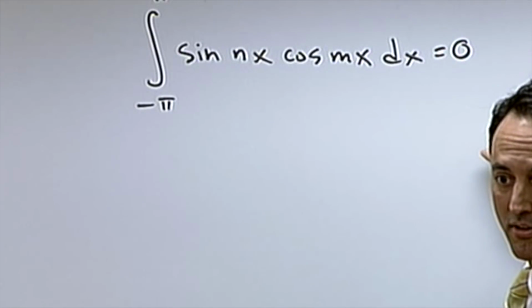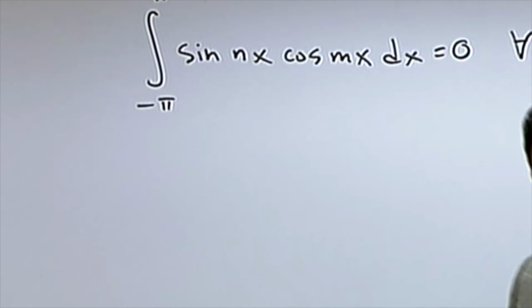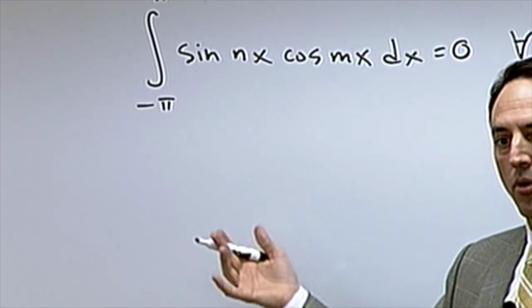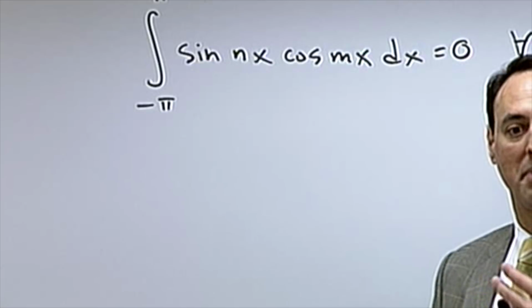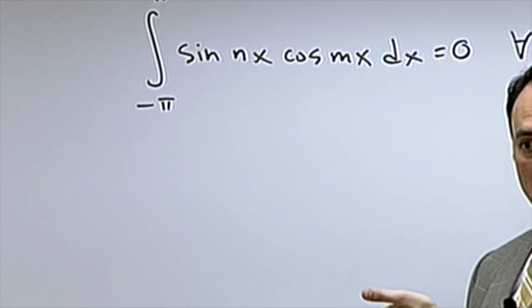It's always equal to 0 for all values of n and m, which are integers. So in the language of Fourier or spectral methods, when you expand in terms of basis functions, that's called an orthogonality property.